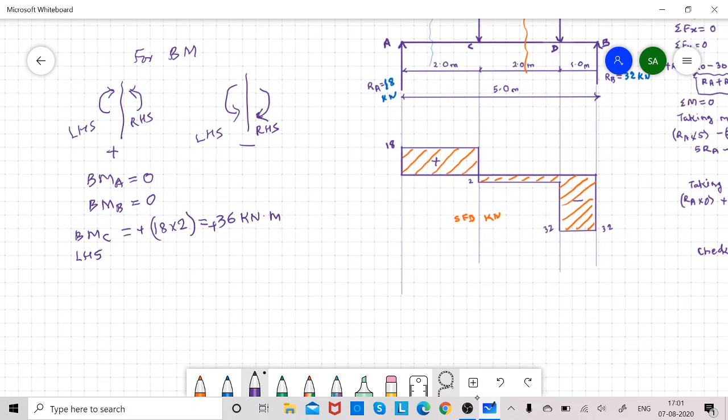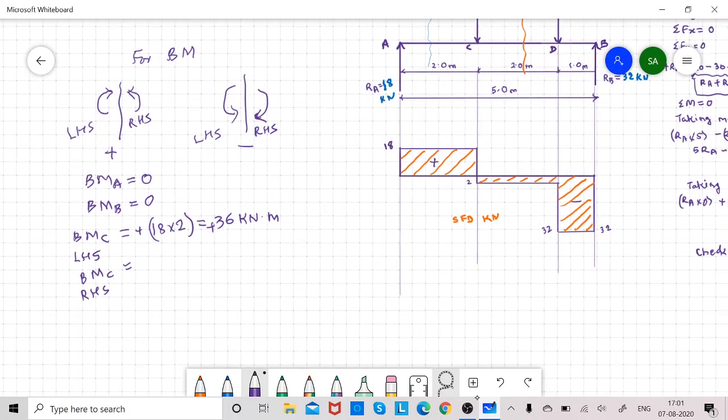Now let us consider bending moment at C only, but on right hand side. On the right hand side of C, there are two forces, RB and that 30 kilonewton. Here RB into 3. This is anti-clockwise but on right hand side, so it is positive. Minus 30 into 2. This is clockwise but on right hand side, so it is negative.